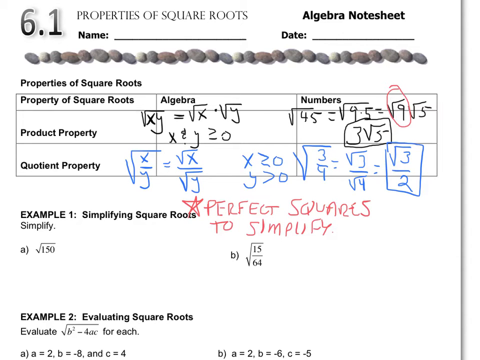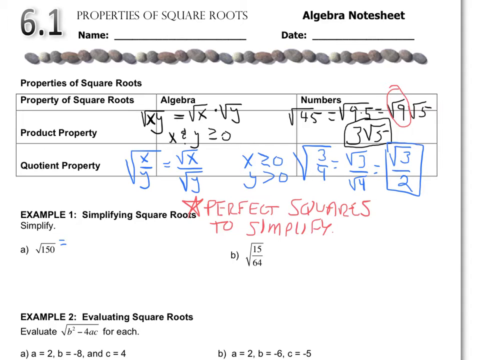We want to break these down as far as we can, and we want to keep looking for perfect squares. Again, there's not one right way to get to these. I could find all kinds of different factor pairs, but I want to find factor pairs that are going to start giving me perfect squares. So 150: I could certainly do 10 times 15, but I don't know how that's going to help me immediately.